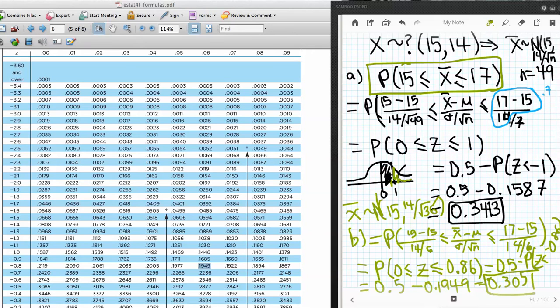And that's our probability. Now the last part of this question said, why should you expect the probability in part B to be higher than that in part A?